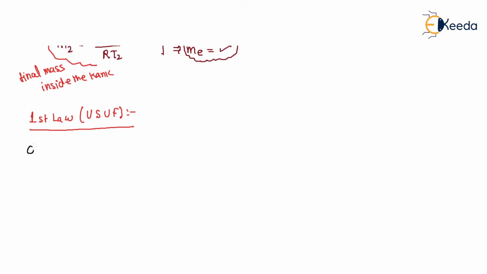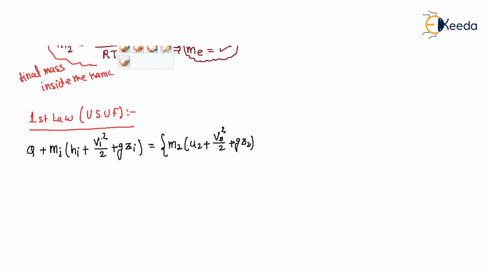Q plus M1 (H1 plus V1 squared by 2 plus Z1) is equal to M2 (U2 plus V2 squared by 2 plus Z2) minus M1 (U1 plus V1 squared upon 2 plus Z1).